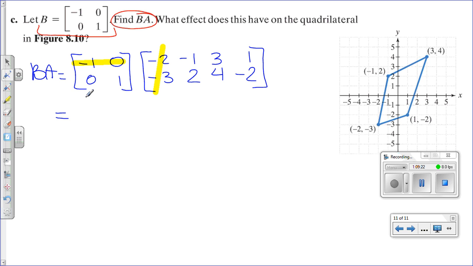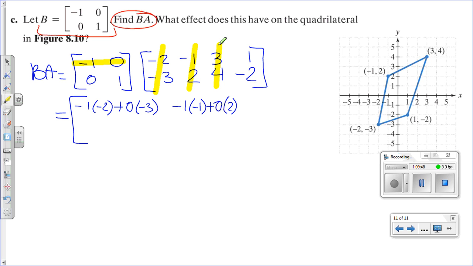So we'll have here -1 times -2, and then we add 0 times -3. Then we move to the second column. So that will be -1 times -1 plus 0 times 2.